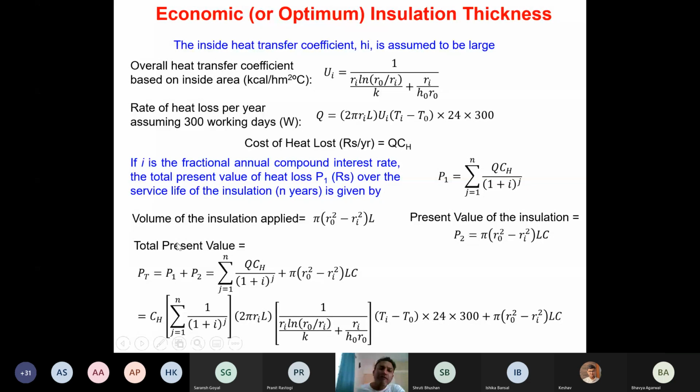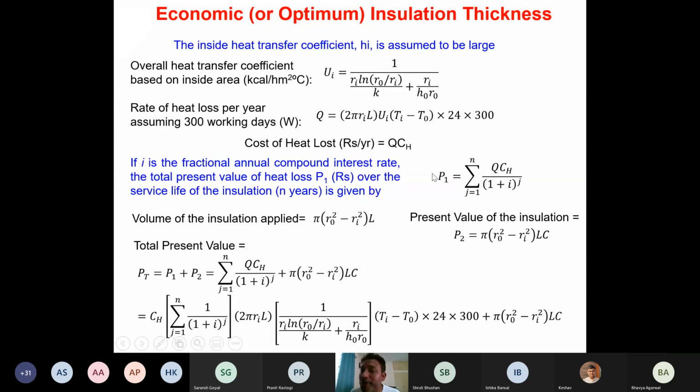If I is the fractional annual compound rate, the present value of the heat loss, P1, can be obtained directly by using this particular formula, which sums up the heat loss over the entire service life and also accounts for the compound interest. So 1 plus I is the rate of interest, raised to the power j, where j varies from 1 to n, and n is the service life here.